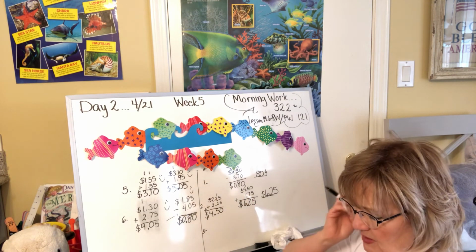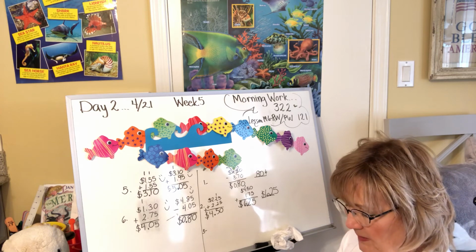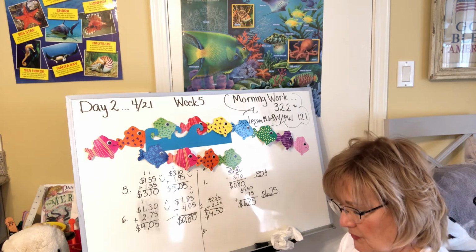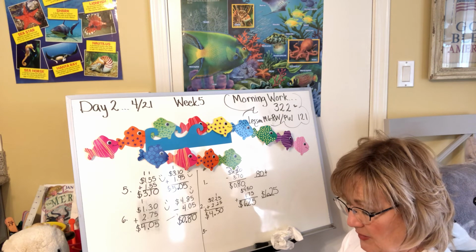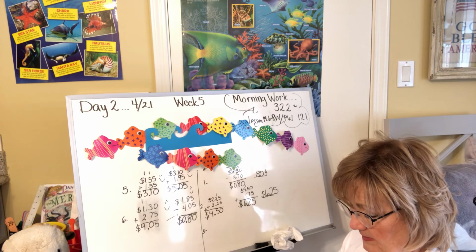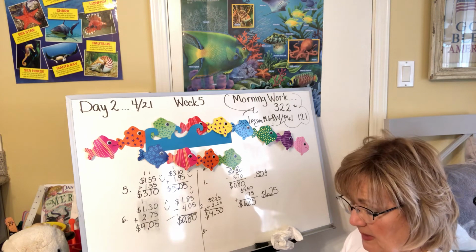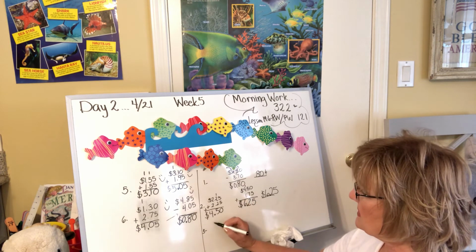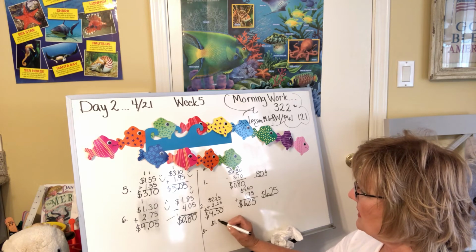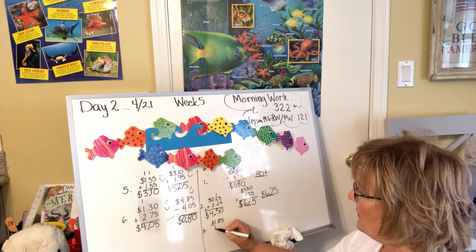Alrighty, number 3. Darren and Jack each have $1.85. They buy a crepe to share for $2.50. How much money do they have together now? That's a weird question. So they each have $1.85. So we're going to have to see how much money they have together.